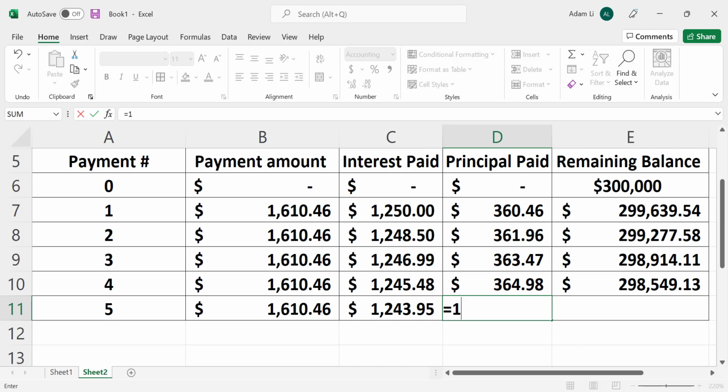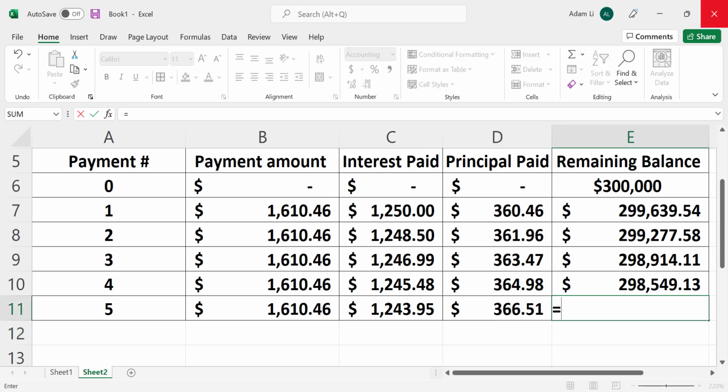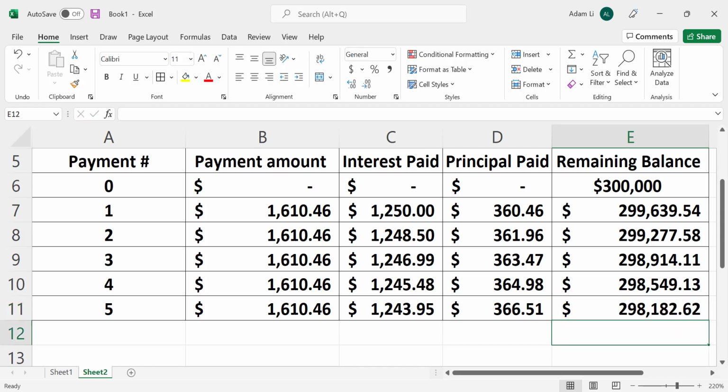So it will be 1610.46 minus 1243.95. Yes, so you're paying slightly more principal. So eventually, the remaining balance will be paid off. So 298,549.13 minus 366.51. So that's how you end up with the ending balance. And you can keep going until you reach all 360 payments.